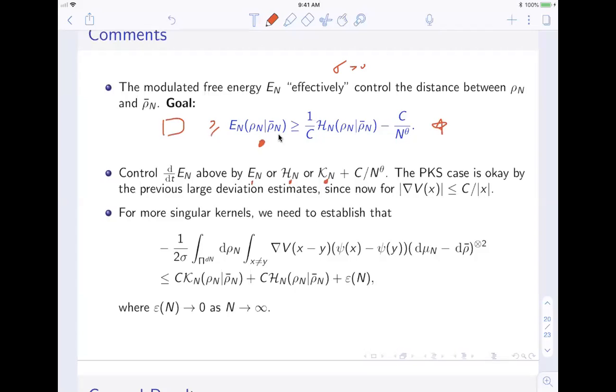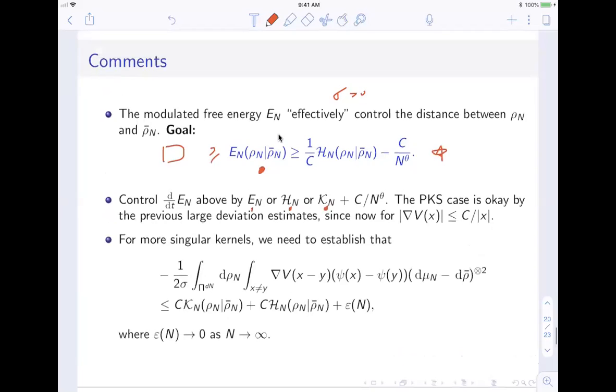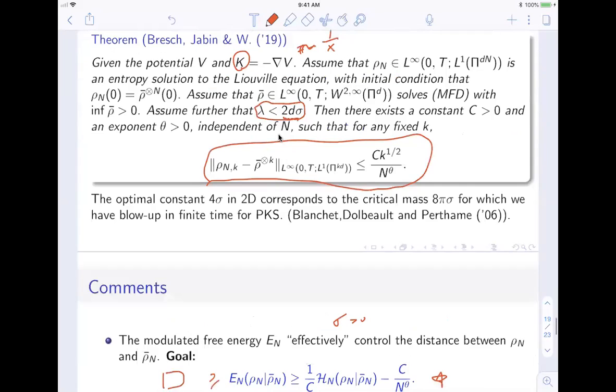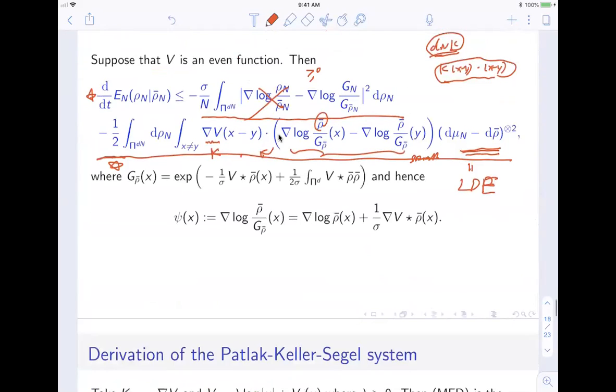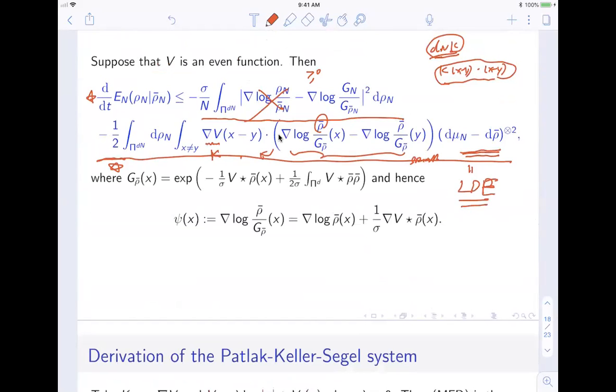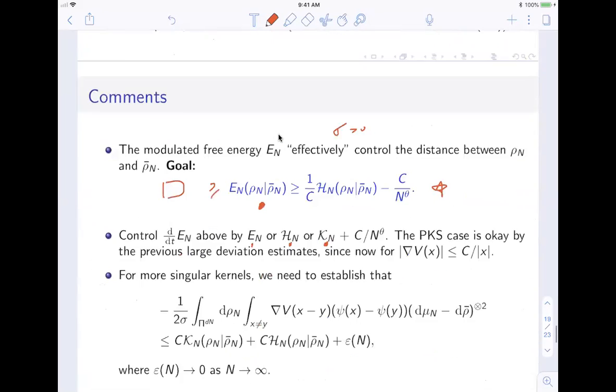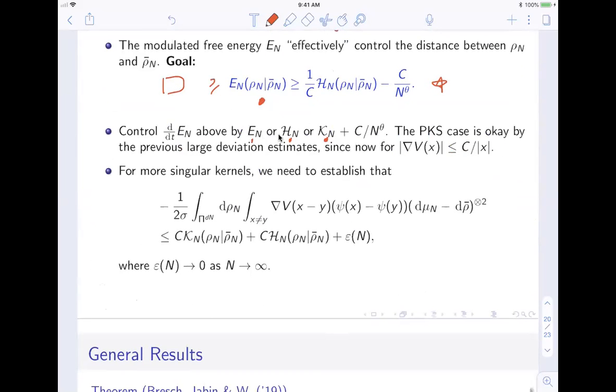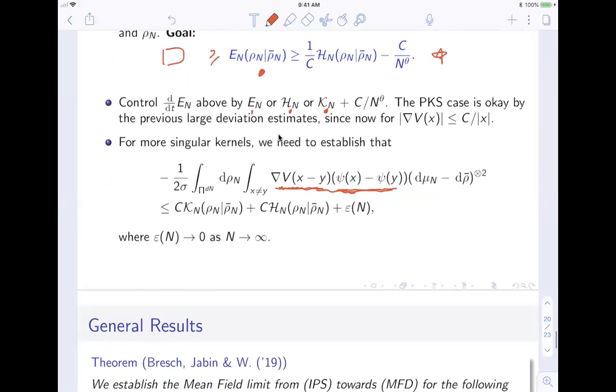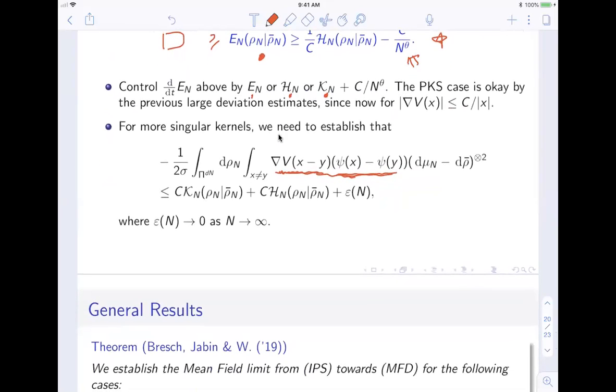This part, at least for this case, is relatively easy, because we really use the previous LDE to control those terms. But to treat more general cases, this might be very singular. For the Patlak-Keller-Segel case, this term is easy to show, easy to control. The hard part is here.